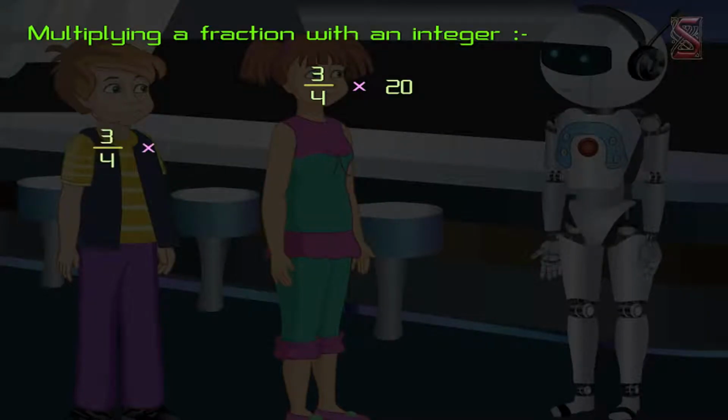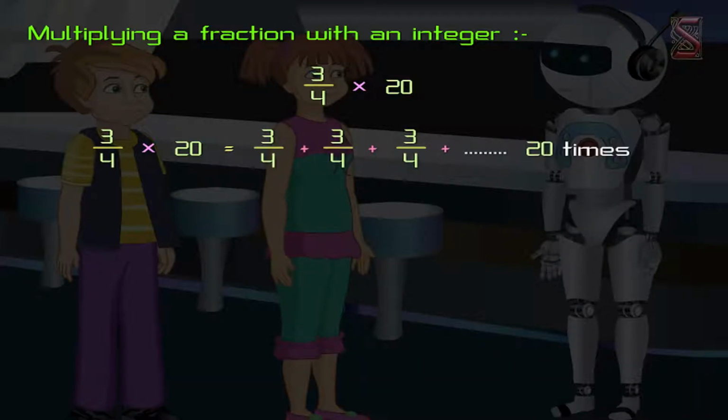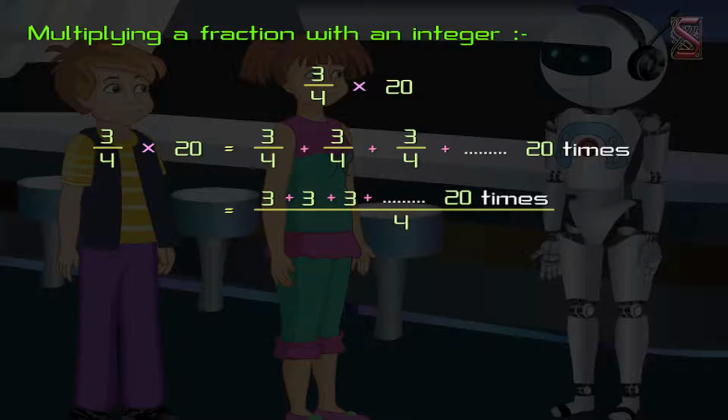Multiplying 3 by 4 with 20, we have to add 3 by 4 20 times. Since they are all like fractions, we have to add the numerator 20 times, which means we have to multiply only the numerator with 20 and let the denominator remain as it is.